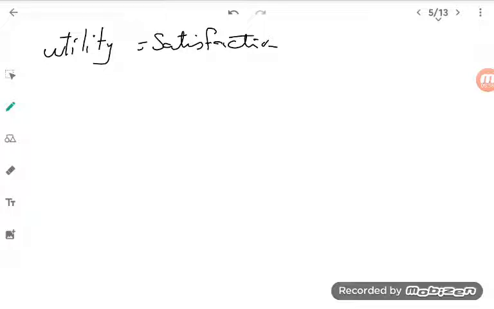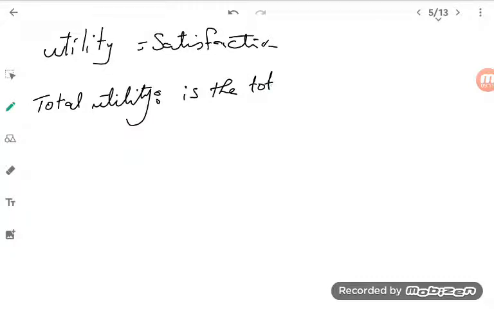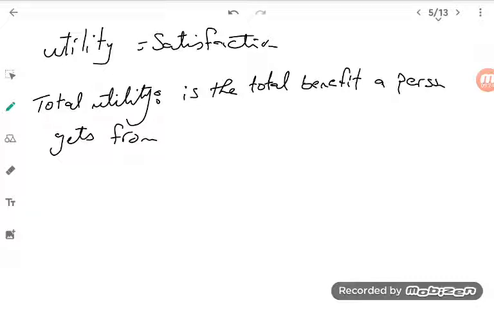Total utility is the total benefit a person gets from the consumption of goods, or from consuming goods and services.